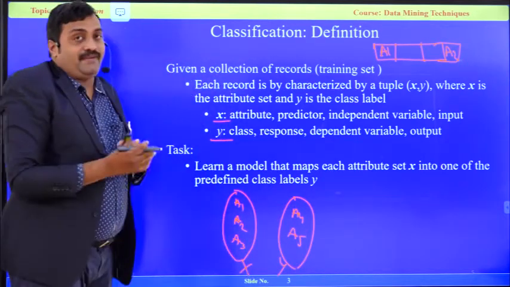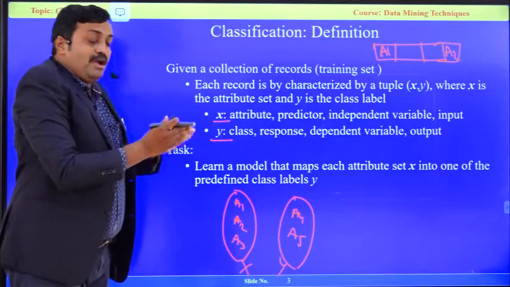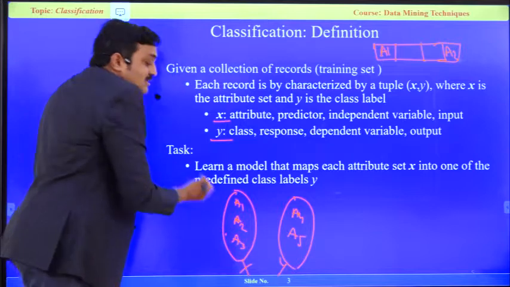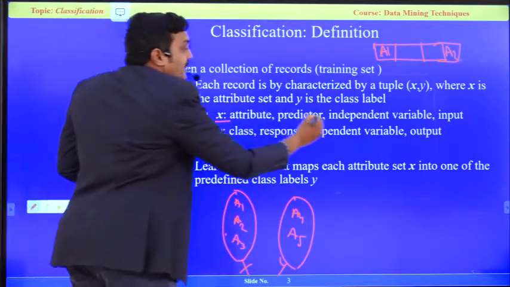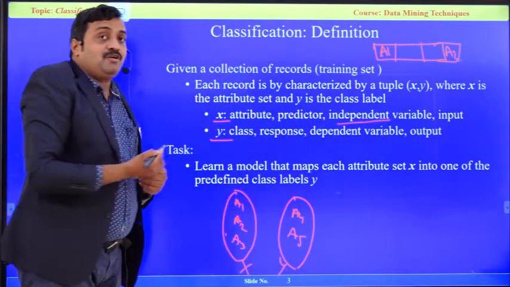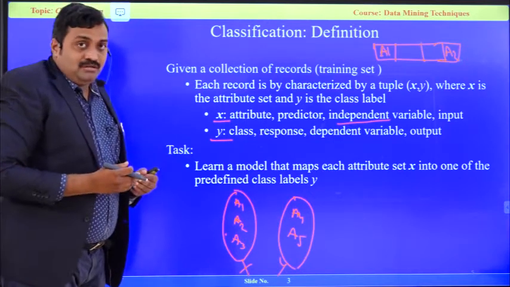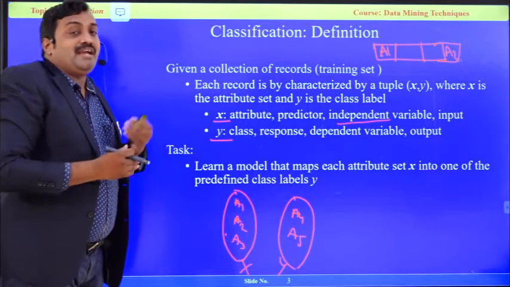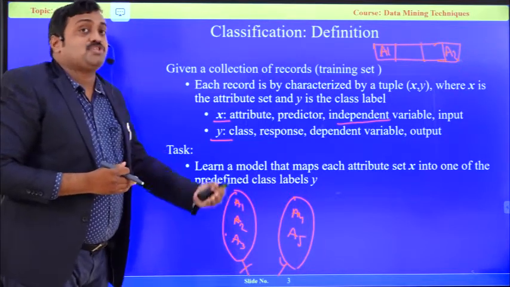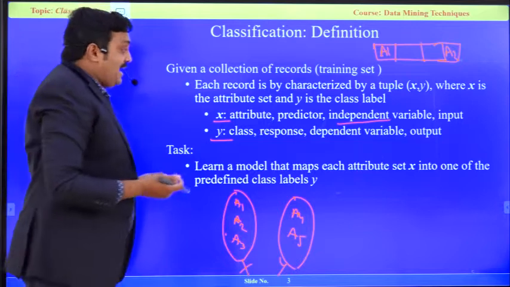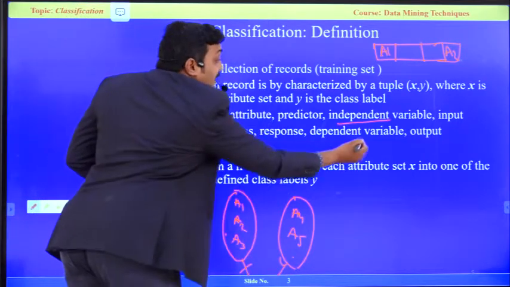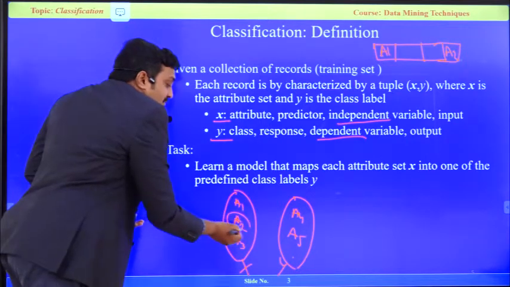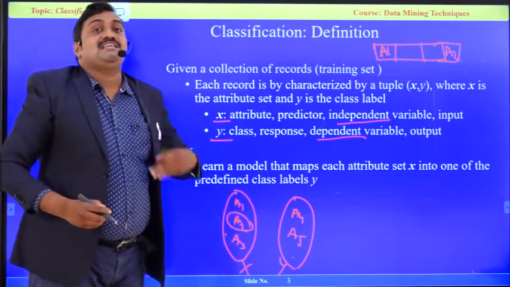How do we classify these two sets from the record? The X set is the independent variable. Independent variable means it takes values for a particular attribute, and it may vary from person to person. Whereas Y is the dependent variable, that means based on the independent variable, the Y is changing.